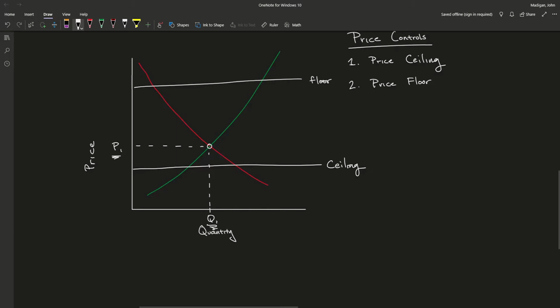Now, let's talk about a price ceiling. So a price ceiling is a law that's put in by government, just like a minimum wage, that says a price cannot be sold for more than this amount of money. Call that P2.